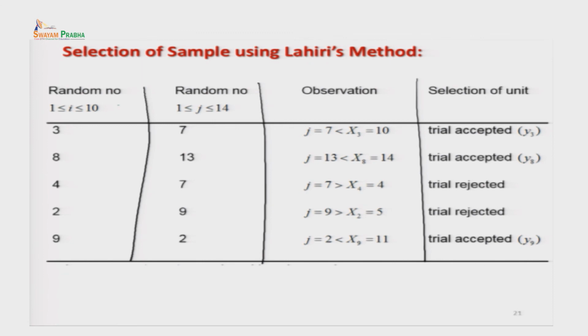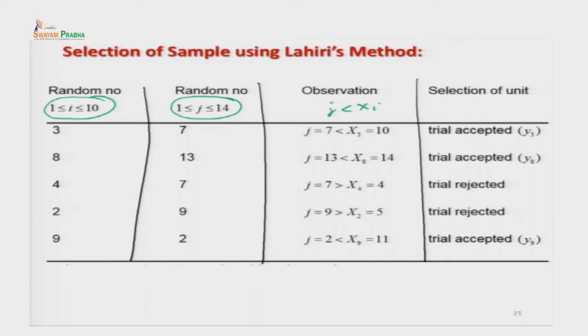In the first column I am drawing a number i between 1 and 10, in the second column a number j between 1 and 14, and then I am going to check the condition whether j is less than xi or not, and based on it we will take a call whether the number has been accepted or not.